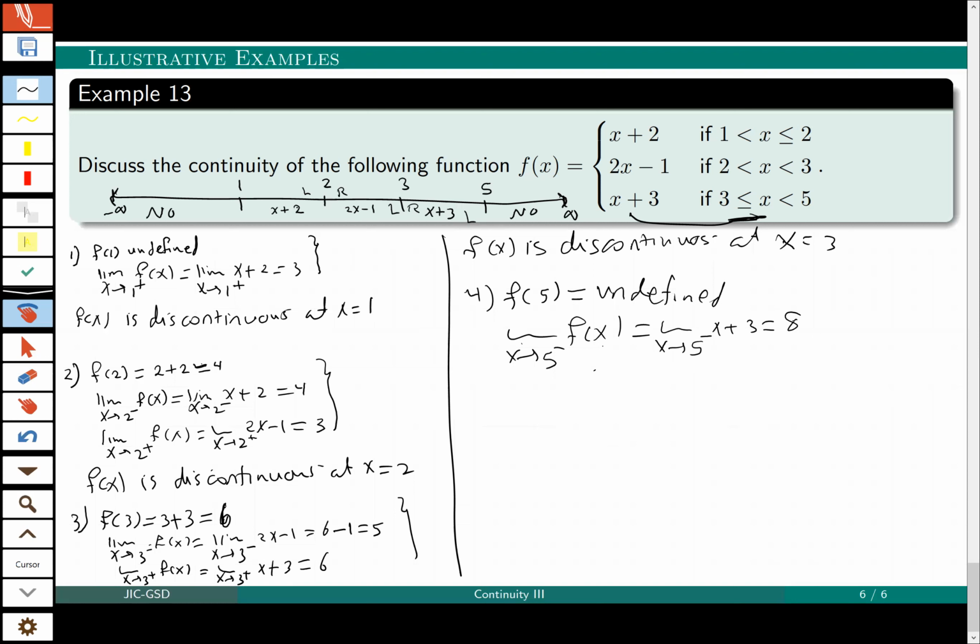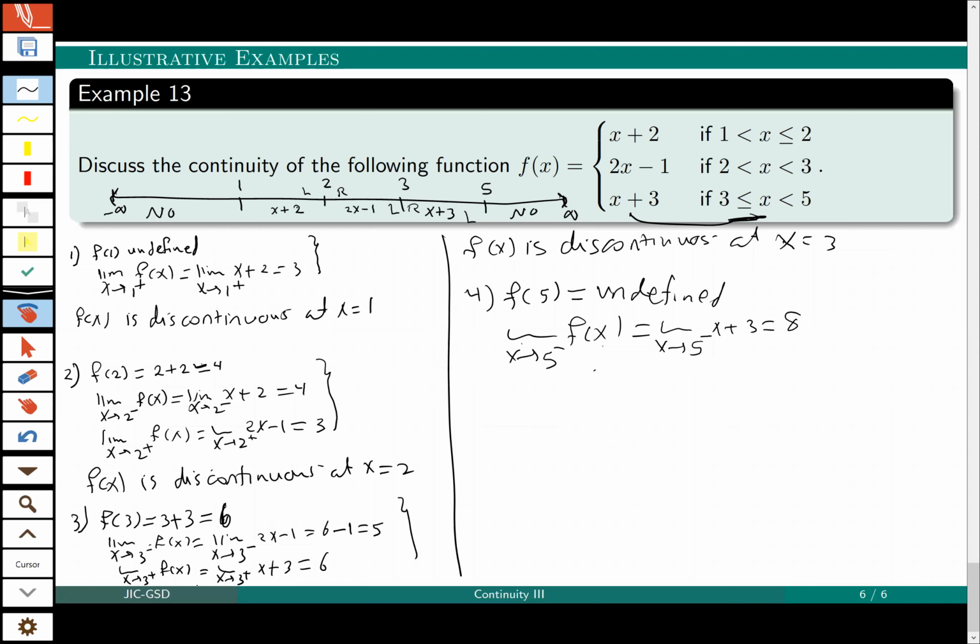We discussed continuity at 1, where we have to have the limit from right equal to the value, but the value is not defined, so we say not continuous. At 2, we have limit from left equal to 4. Value is 4, but limit from right is not 4, so we'll say not continuous. Same thing at 3.